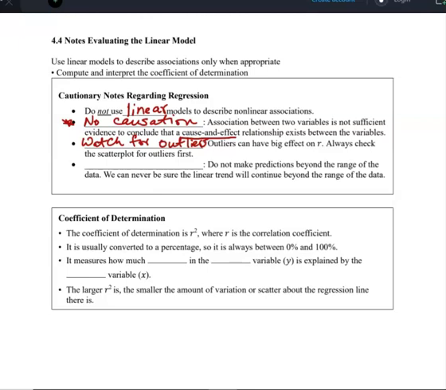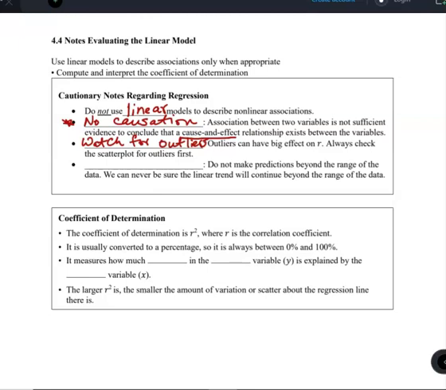So the further apart those points are, the lower the correlation. And when you have an outlier, those points are even farther apart, which lowers the R value some more. So when you have an outlier, be mindful of how that could affect the R value. Sometimes taking that outlier out will improve your correlation considerably. So you always want to look for those when you look at the scatter plots.